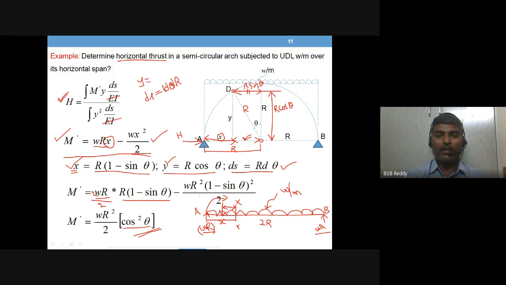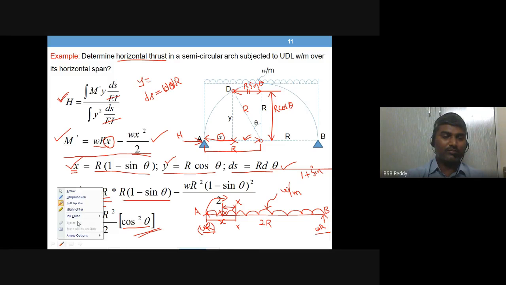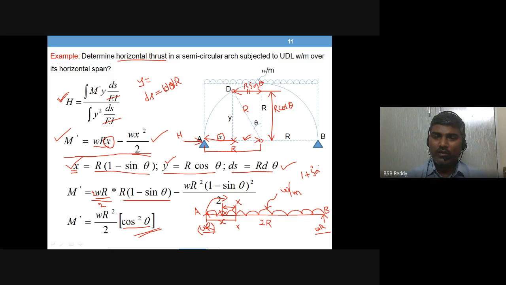So that will finally lead to cos square theta in the braces. Here you need to expand this 1 minus sine theta whole square, 1 plus sine square theta, something like a minus b whole square. It is sine square theta minus 2 sine theta.